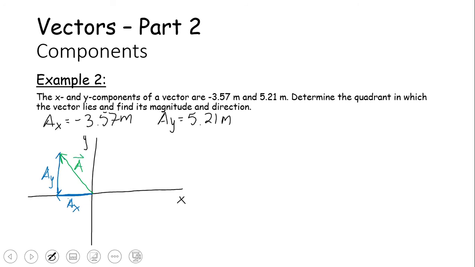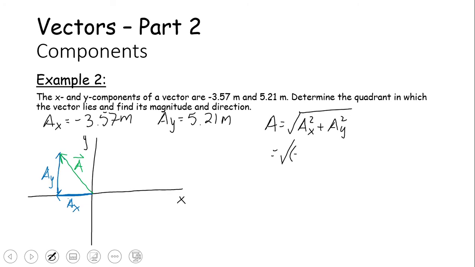This is our vector A. First of all, we want to determine the magnitude. That is obtained through the Pythagorean theorem. A is equal to the square root of Ax squared plus Ay squared. And notice that this ensures that whether the components are negative or positive, the number that we get out is always a positive number, as it should be.